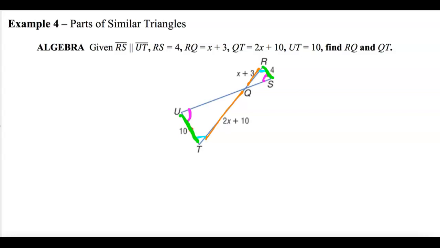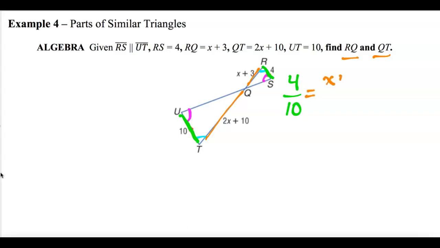So we're being asked to find RQ and QT. So if they're similar, we should be able to write a similarity statement, and we do have the green sides, so we could say 4 is to 10, and then we'll go with the orange sides.